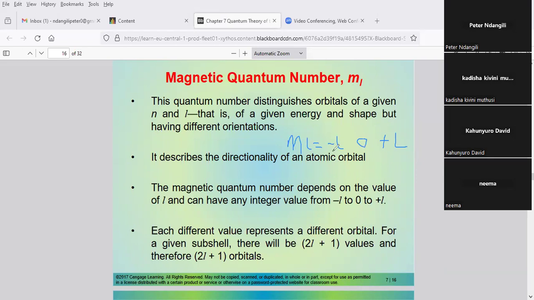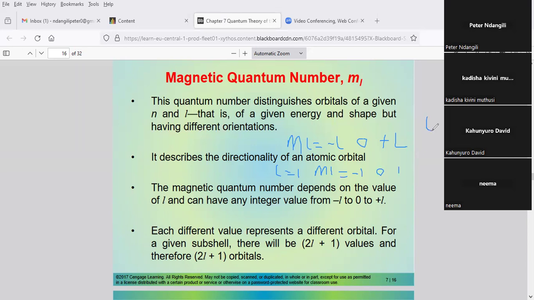What do we mean here? If, for example, L is equal to 1, then the ML values are negative 1, through 0, then positive 1.